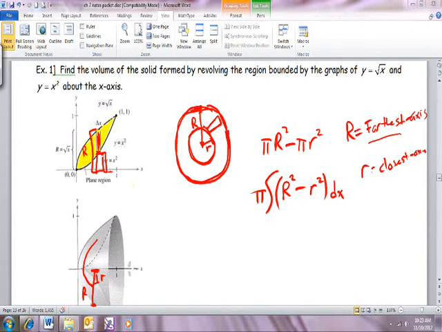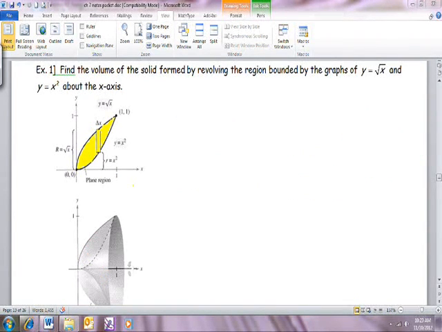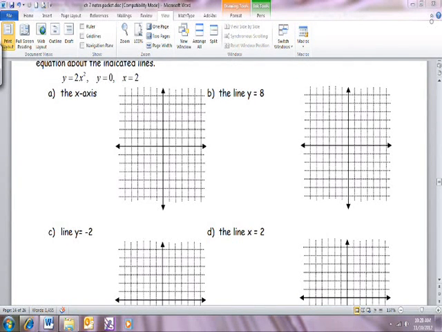Alright, let's see how that looks in an actual problem. We've got a couple of problems here. They're all using the same graph, but they're all revolving about different things. So 2x squared is a parabola.